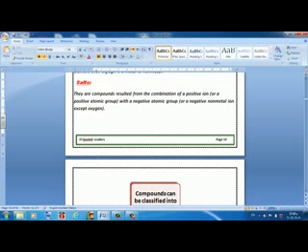Finally, salts are compounds resulting from the combination of a positive ion or a positive atomic group with a negative atomic group or a negative non-metal ion except oxygen. We will see many examples of salts to show how a positive ion or positive atomic group combines with a negative ion or negative atomic group.